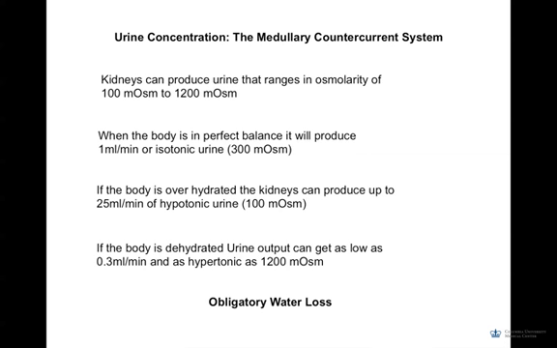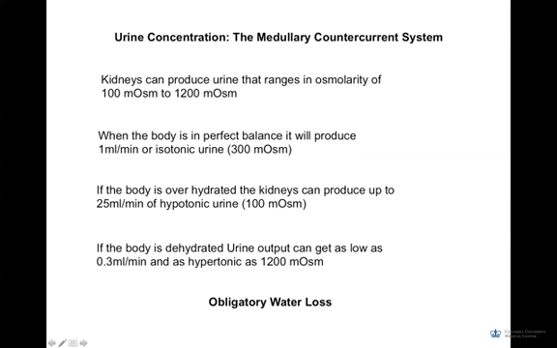We have to dilute the waste in a minimal amount of water. So if the body is dehydrated, urine can get as low as 0.3 mils per minute and as hypertonic as 1200 milliosmoles. But we have to produce urine, which means that we have to lose water no matter how dehydrated we are.